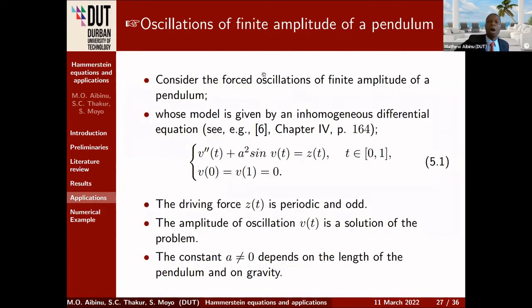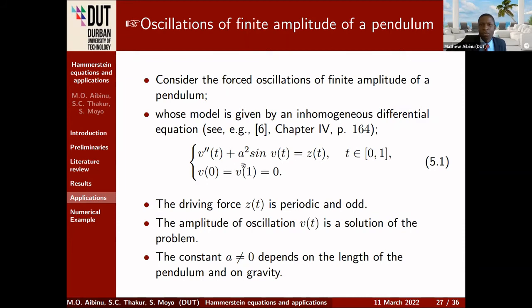Let's now look at the application of this Hammerstein equation. Let's give a classical example of an application of the Hammerstein equation. Consider the forced oscillations of finite amplitude of a pendulum, whose model is given by the inhomogeneous differential equation 5.1. This is the equation for oscillation of finite amplitude of a pendulum.